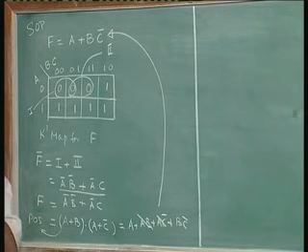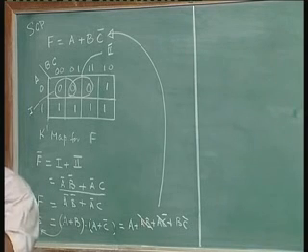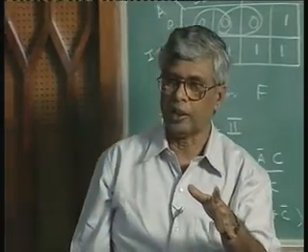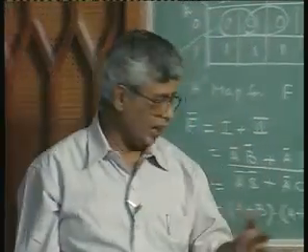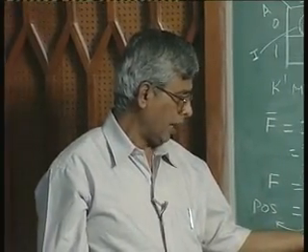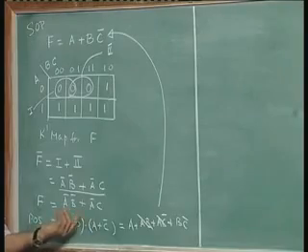So if you want to have fewer OR gates and a larger number of AND gates, I will use a sum of product expression. Or if I have fewer AND gates and a larger number of OR gates, I will use this.